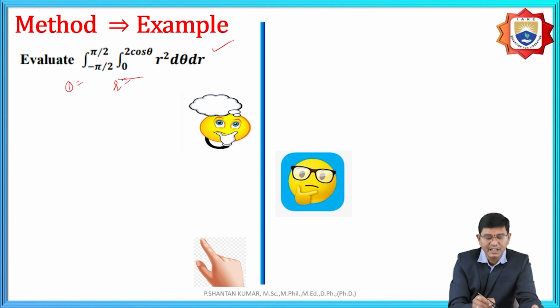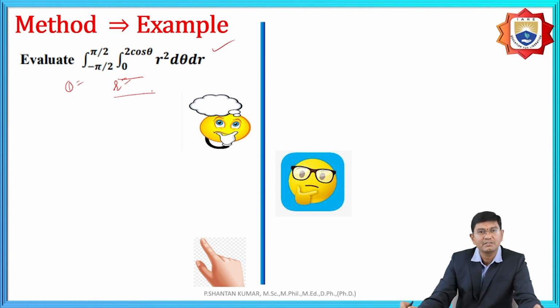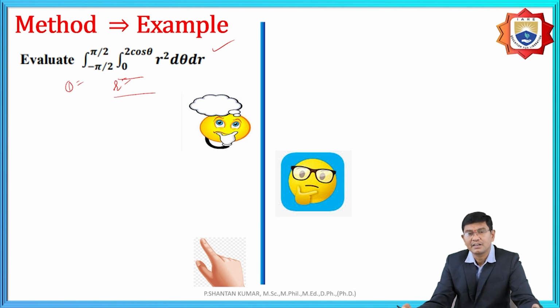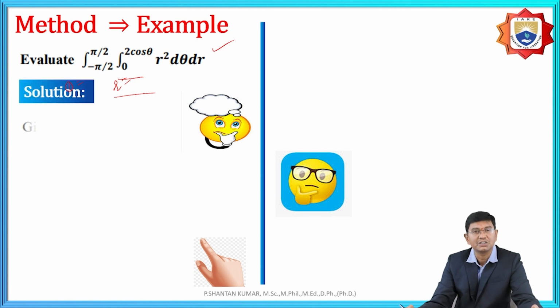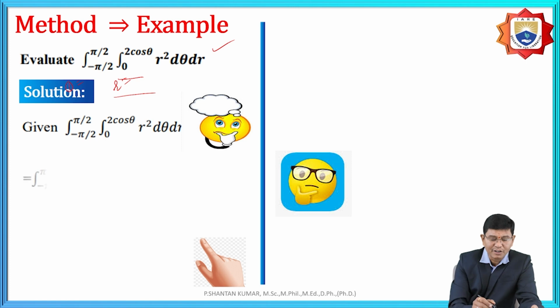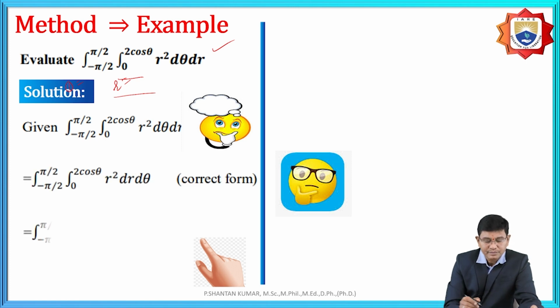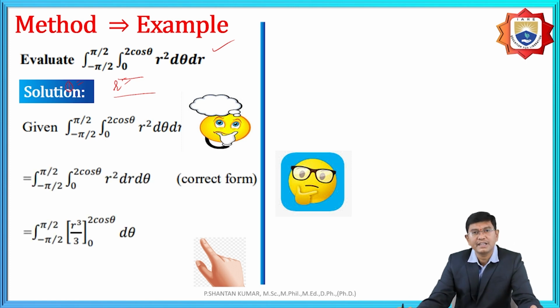That means we need to integrate first with respect to r. While integrating with respect to r, theta is a constant, and the integration of r square is r cube by 3.